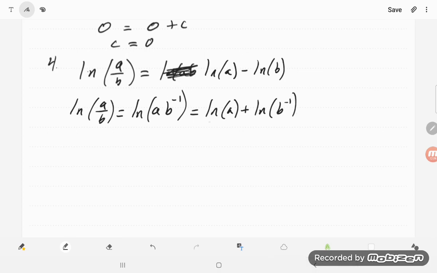And so then that's the natural log of A plus negative 1 times natural log of B. And so finally we get our natural log of A minus the natural log of B. Okay, so there are algebraic properties of all this stuff. And so we'll call that one done.